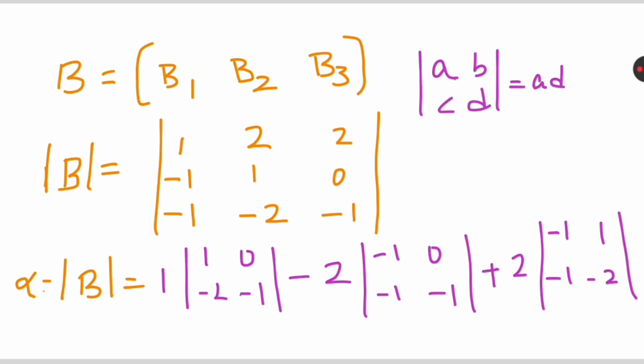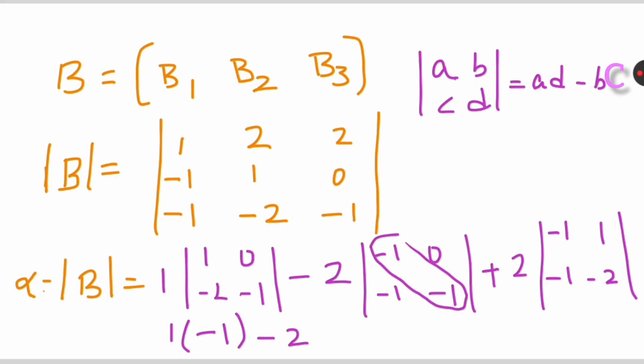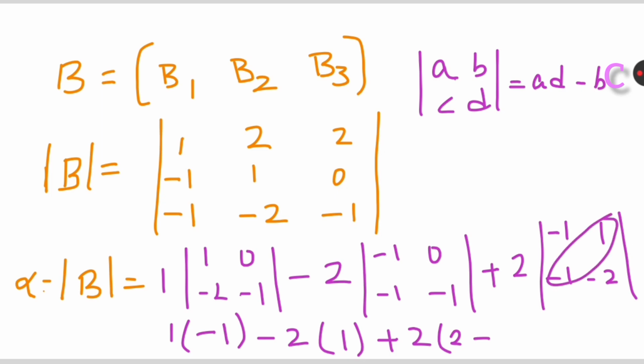What is the determinant for the 2 by 2 matrix with entries A, B, C, D? AD minus BC. So now you have to cross multiply. 1 times minus 1 which is minus 1, and 0 times minus 2 which is 0. So then minus 2 times minus 1 times minus 1 which is only plus 1, minus 0 times 0 which is 0. Plus 2 times minus 1 times minus 2 which is plus 2, minus 1 times 1 which is minus 1.